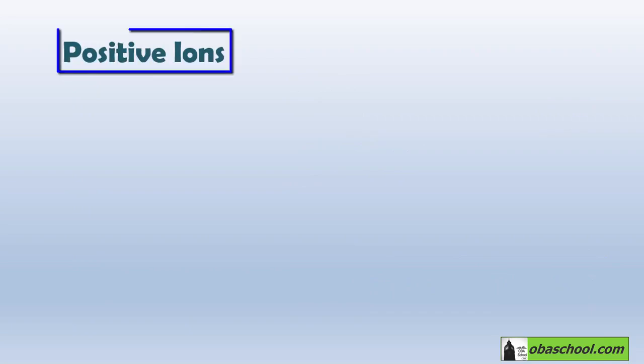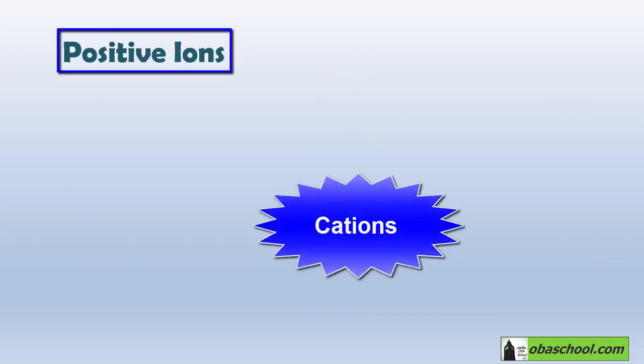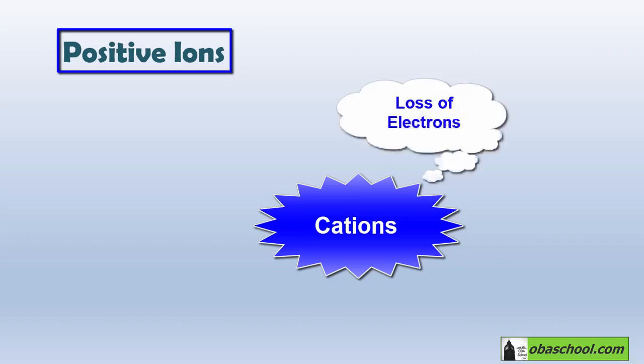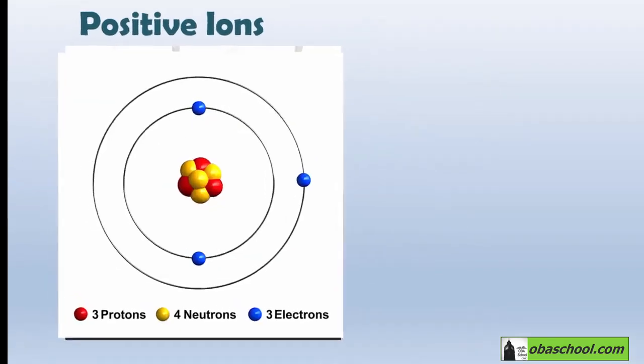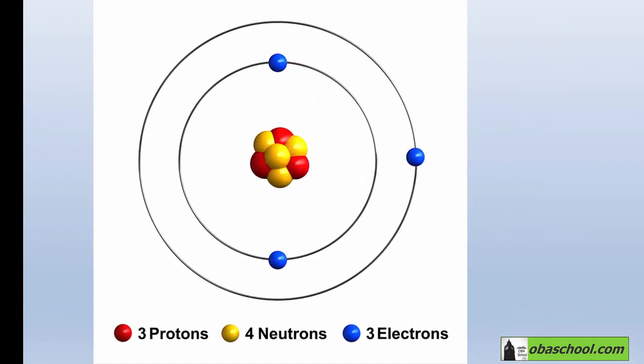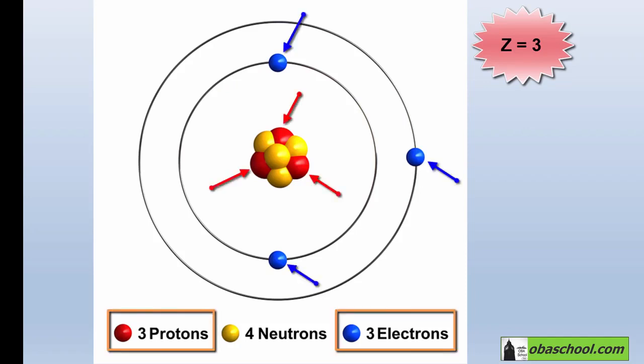Let's move now to positive ions or cations. So as we have said, a cation is formed when an atom tends to lose electrons. So let's take the lithium atom as an example. The atomic number of the lithium atom is 3, and thus it has 3 protons and 3 electrons, as you can see here.